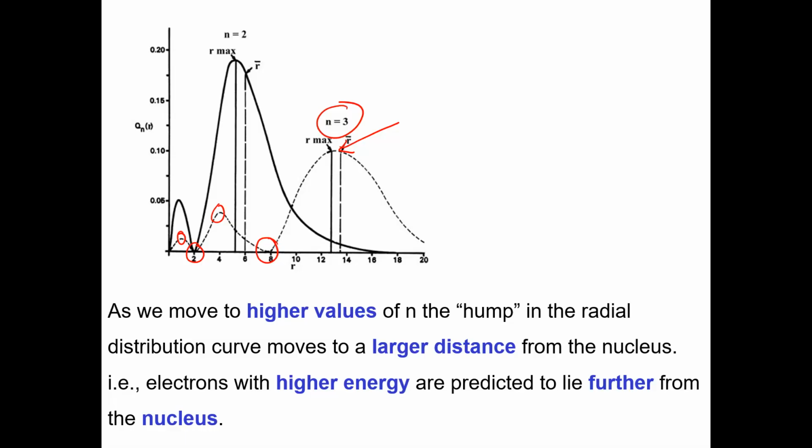So that's kind of interesting, right? Okay, we get that general trend of as we move to higher n values, the electron is found further away from the nucleus, but there's quite a lot of complexity in these curves. They have nodes, and then they also have these peaks where the electron, what they call, penetrates quite close to the nucleus.